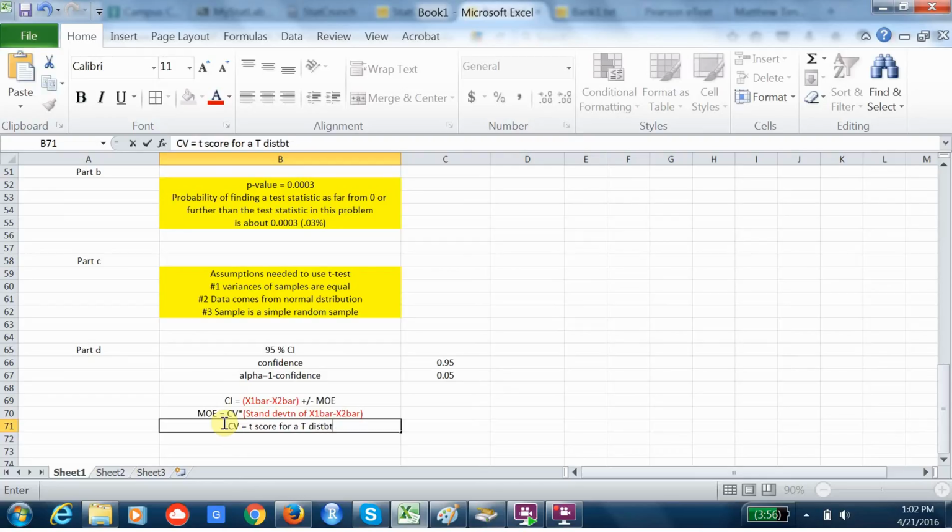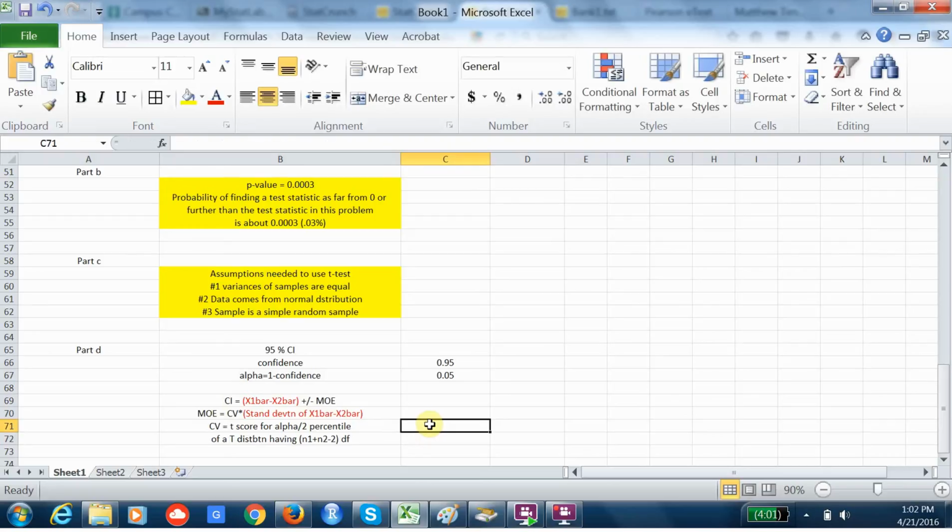Well, I actually want the t-score for, we're just going to say the alpha over 2 percentile of a t-distribution having n1 plus n2 minus 2 degrees of freedom.